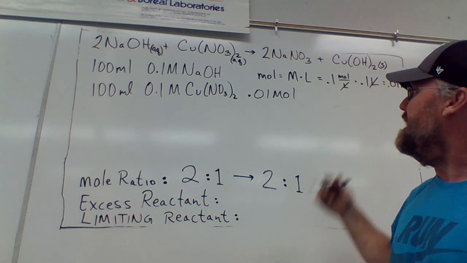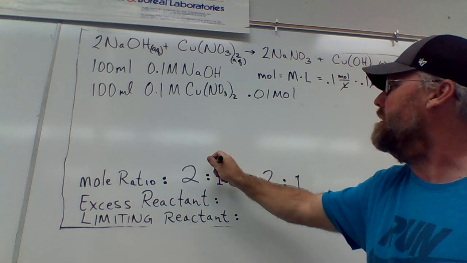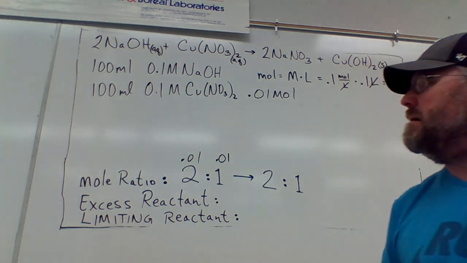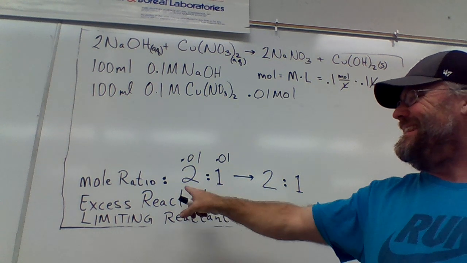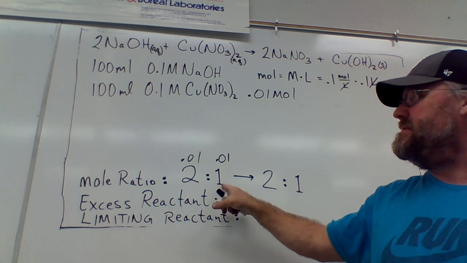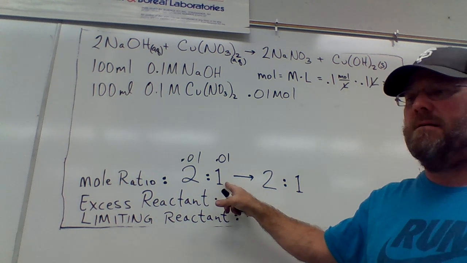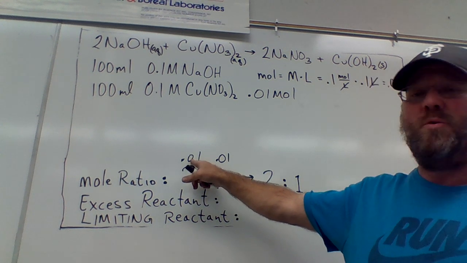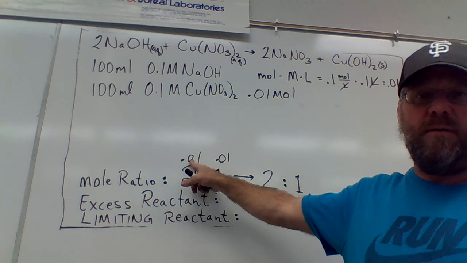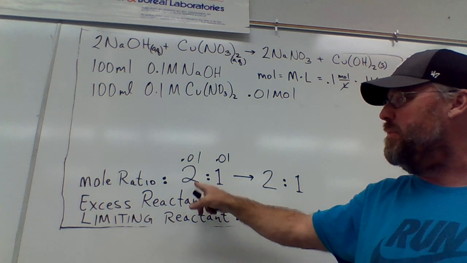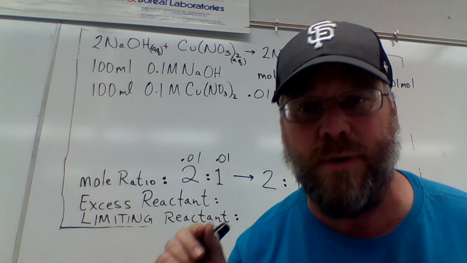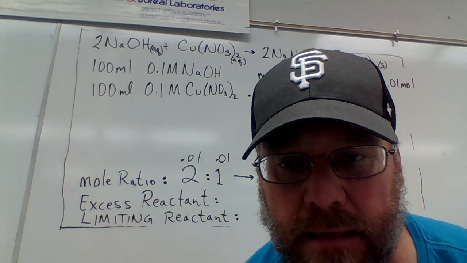And so if I've got 0.01 here and I've got 0.01 here, we can see that the excess is definitely here because I only need 1 of those. I would need 0.02 of this, because I need double the amount. Now, one thing you have to realize is that you cannot, can I emphasize that enough?